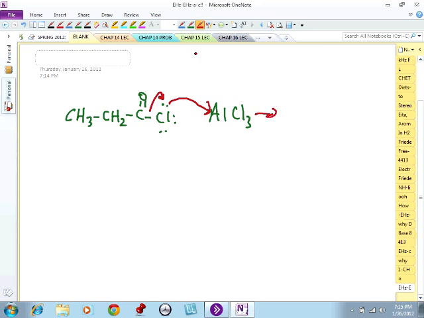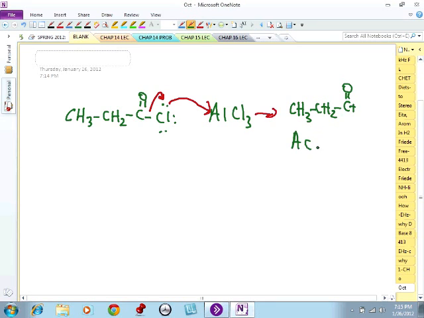And so you end up with this here. And this is what you call your acylium ion. And the acylium ion then goes on to act as an electrophile. Okay?